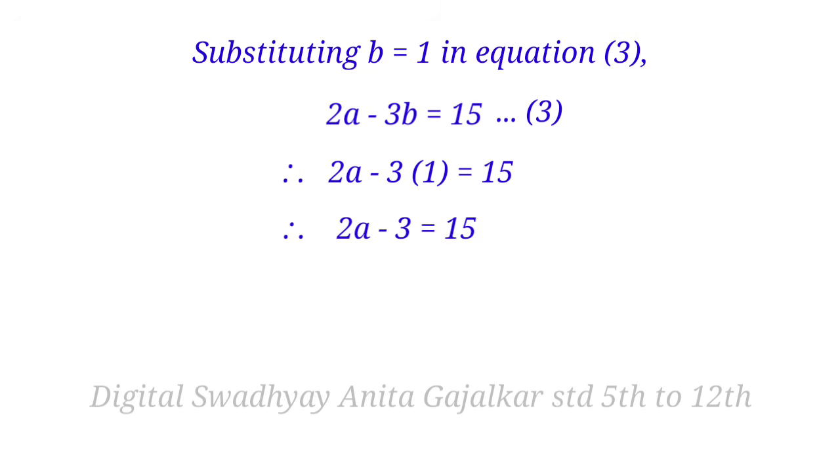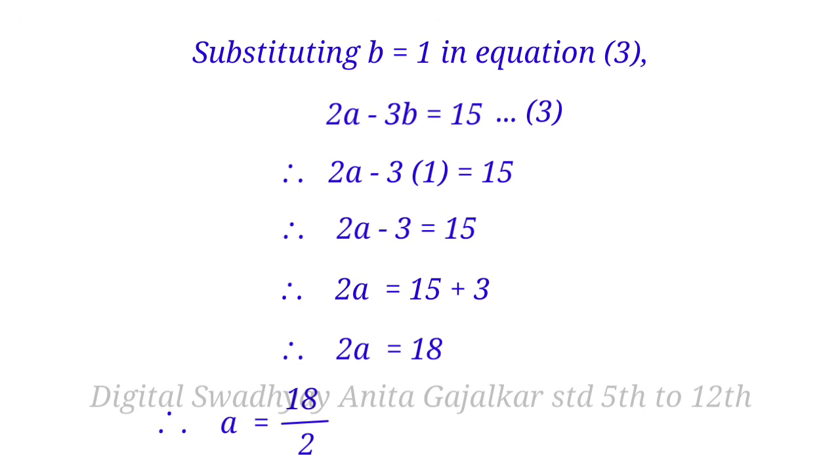Therefore, 2a minus 3 equal to 15. Therefore, 2a equal to 15 plus 3. Therefore, 2a equal to 18. Therefore, a equal to 18 divided by 2. Therefore, a equal to 9.